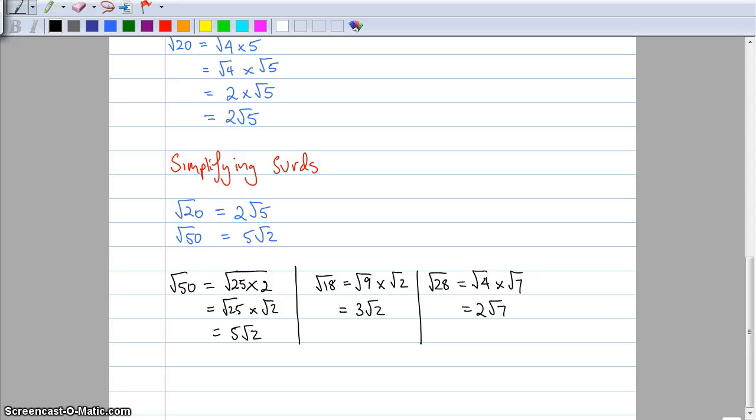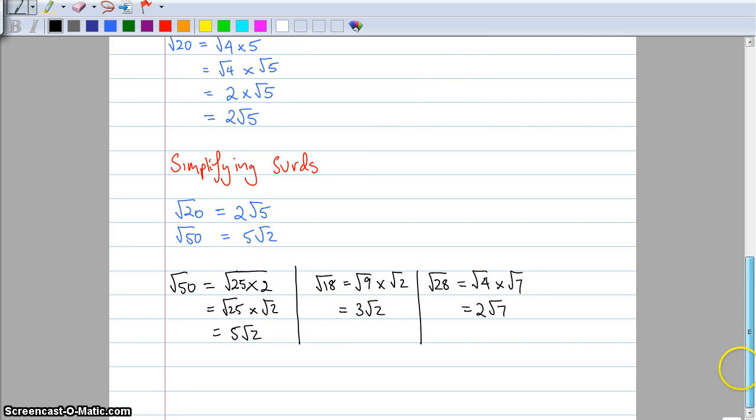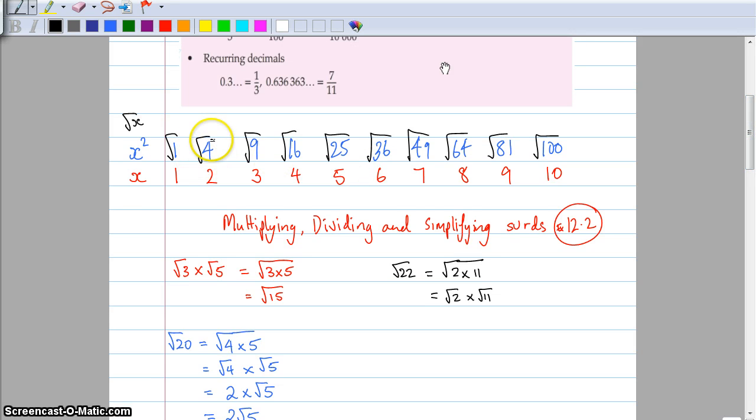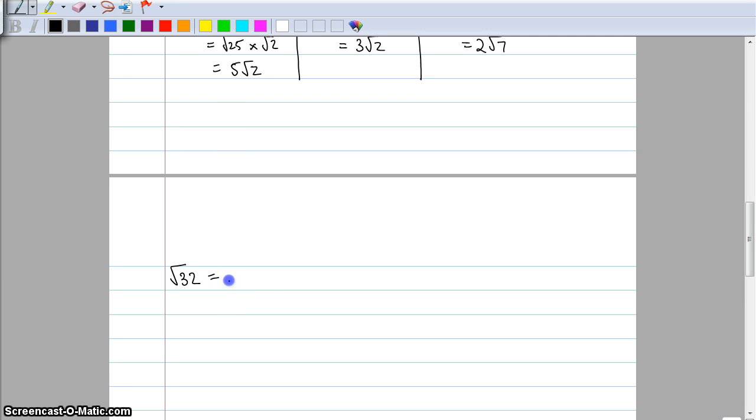Now, I mentioned before we always go from the highest number. So each time I always went from the top. I went from 100 and I went down. Let me show you an example why that's useful. For the next example, I'm going to show you one where I'm not going to choose the highest number. I'm going to start with the square root of 32. Now, I'm going to deliberately choose a number that's not the highest. So I'm just going to go from the lowest now. I'm going to try root 4. So that is the square root of 4 multiplied by the square root of 8.